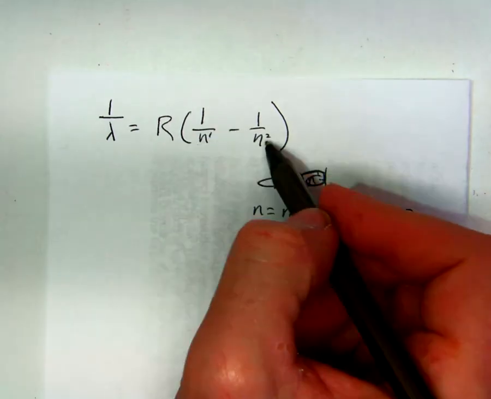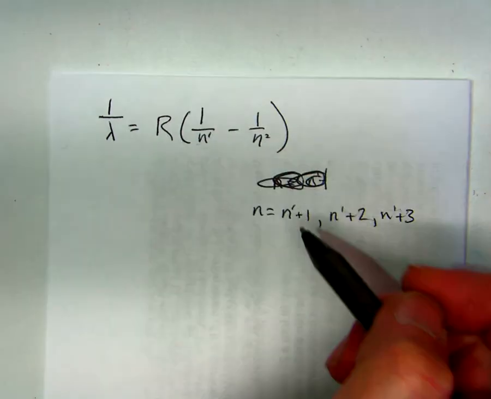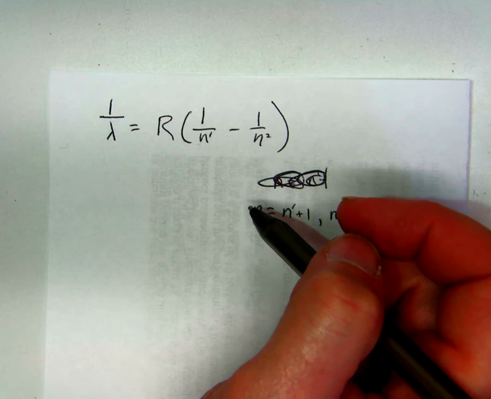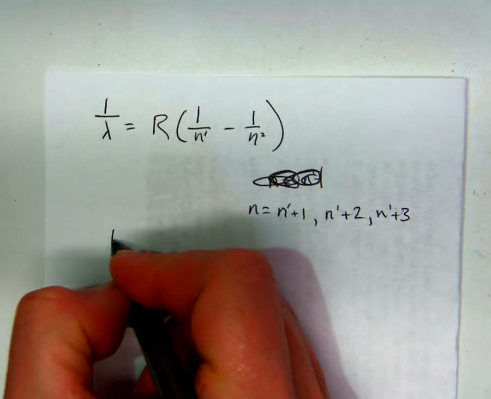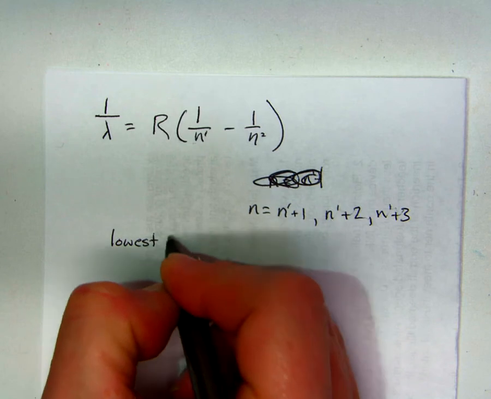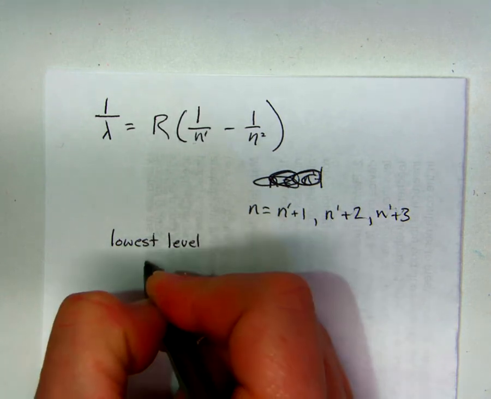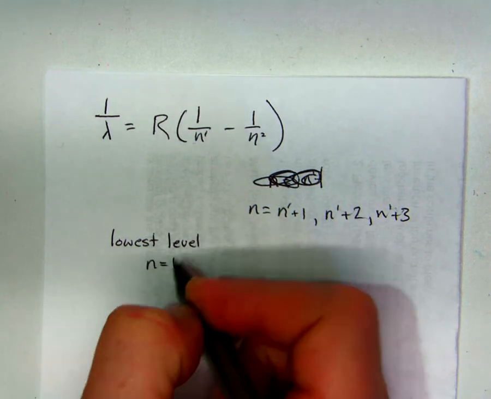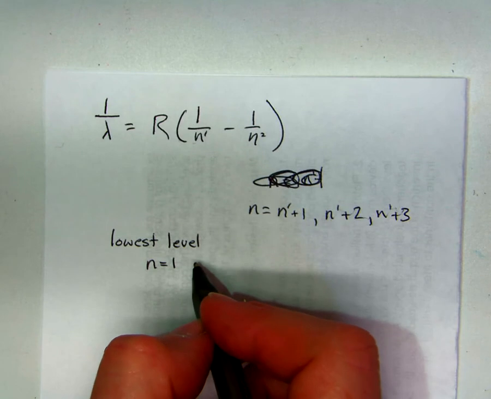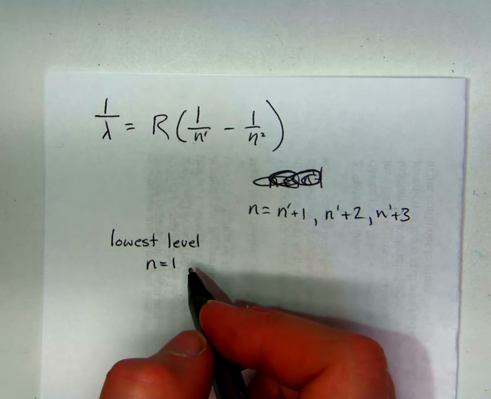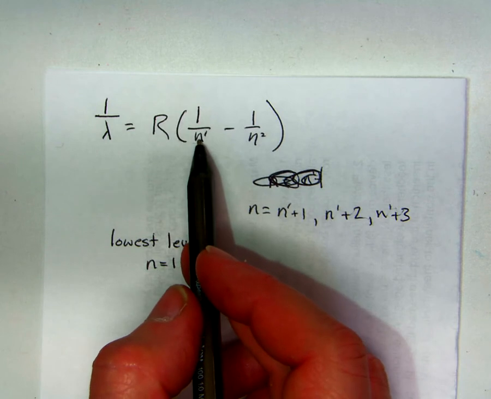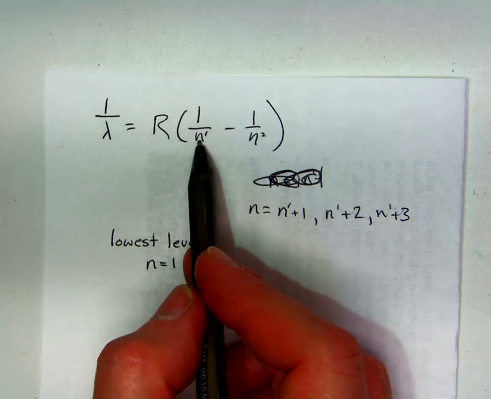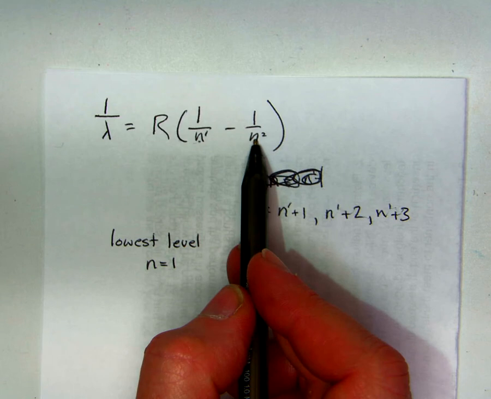I've got this wrong. Basically, these are two different N numbers when we're going from one N number to another. Our lowest level is where N is 1, and so our energies would be going back to N1 here, and then the next level would be where N is 2.